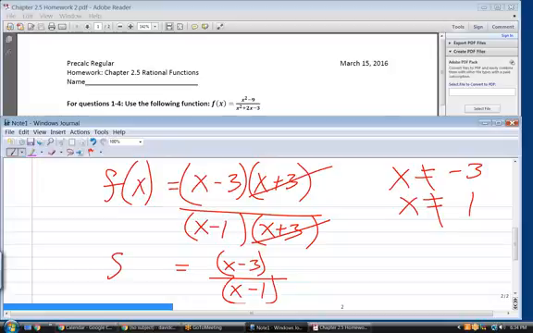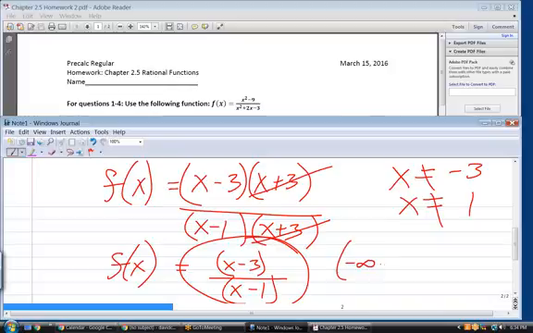So this is f of x. What's the domain of this? The domain would be negative infinity to negative 3, union negative 3 to 1, union 1 to infinity.